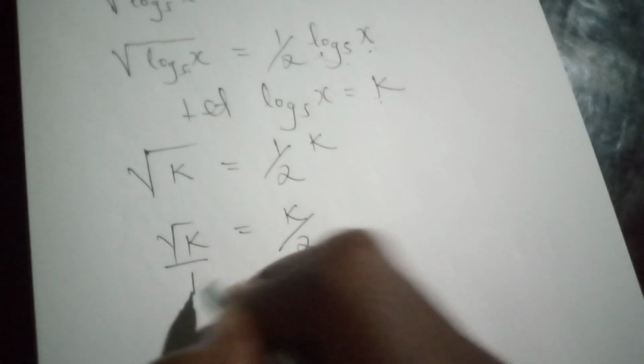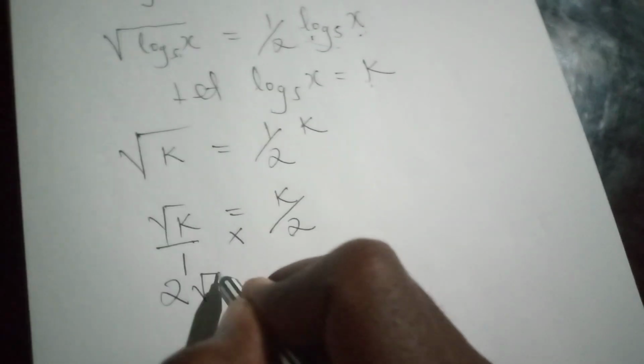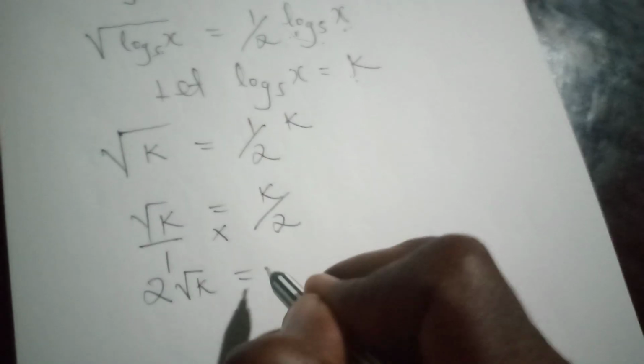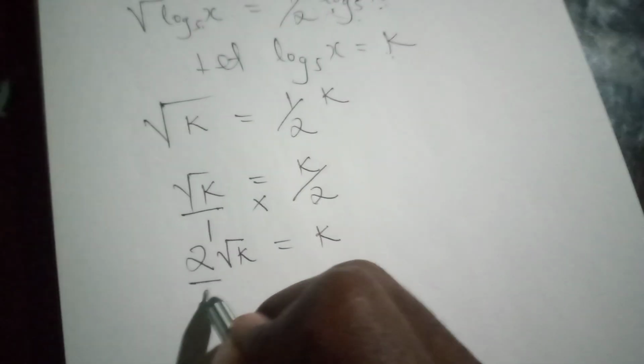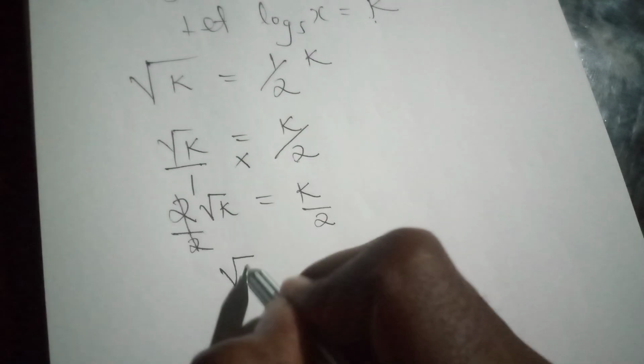So over 1, cross multiplication, that time that 2 square root of k is equal to what? k over 2 over 2. So there they are going to cancel. You're going to remain with the square root of k is equal to what? k over 2.